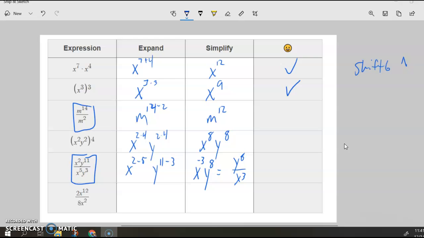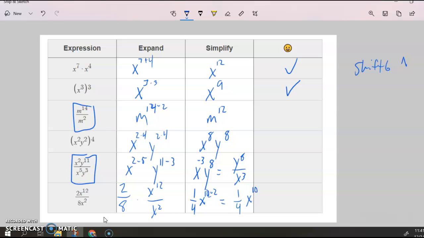Okay, and finally this last one, where we have a constant 2 and a constant 8. I like to separate those out when I think about them. So I have 2 over 8, and over here I have x to the 12th over x to the 2nd. The fraction 2 over 8 reduces to 1 over 4. x to the 12th over x to the 2nd is x to the 12 minus 2, so that's 1/4 x to the 10th.